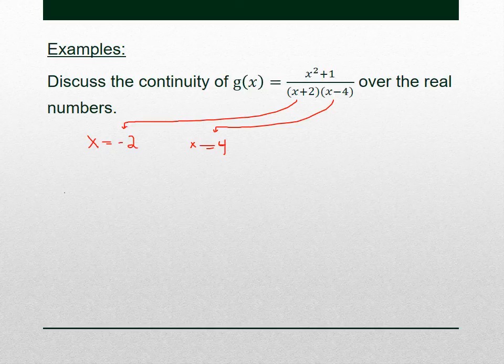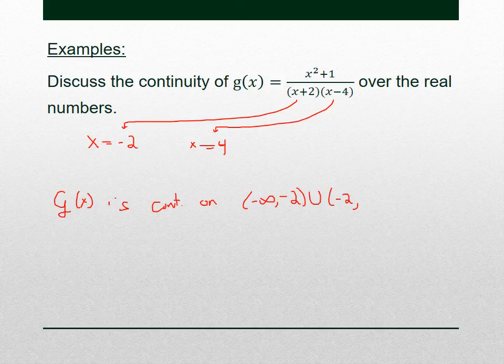So g of x is continuous on what intervals? Well, as long as you don't have negative 2, so to say not negative 2 is negative infinity to negative 2, and then we're going to skip over negative 2 and go all the way up to 4, and then skip over 4, go all the way up to infinity.